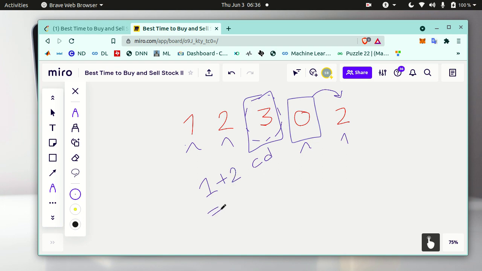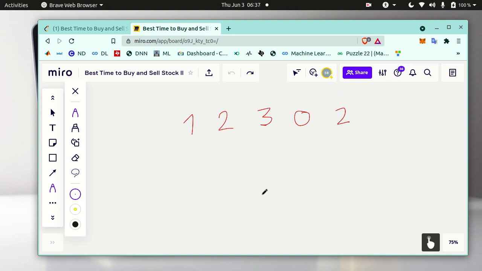So you are getting 3, whereas in the previous case you were getting only 2. That is how this one is different. So we will try to solve this problem in big O of n, linear time complexity. Let's try to do that.